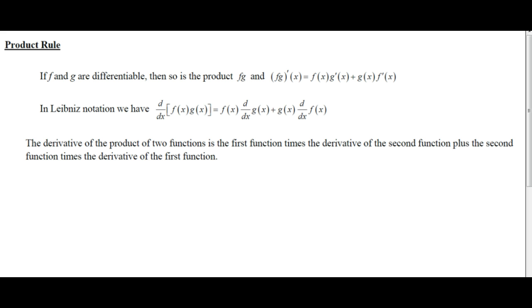Now what I remember is we did differentials slightly different. You do d of uv was u dv plus v du. Either way, it's the first function times the derivative of the second function plus the second function times the derivative of the first.